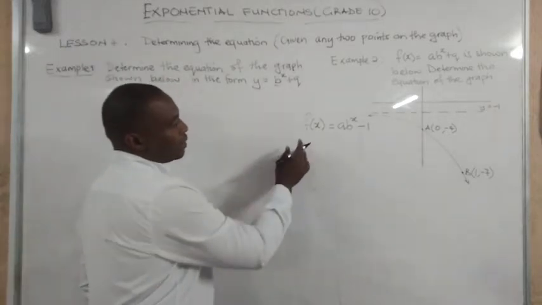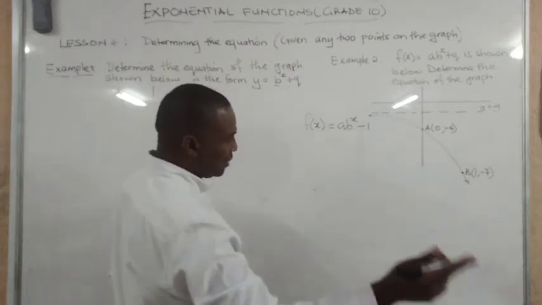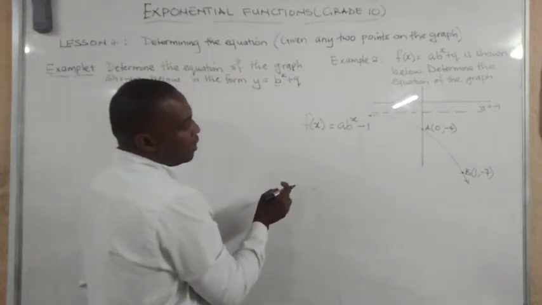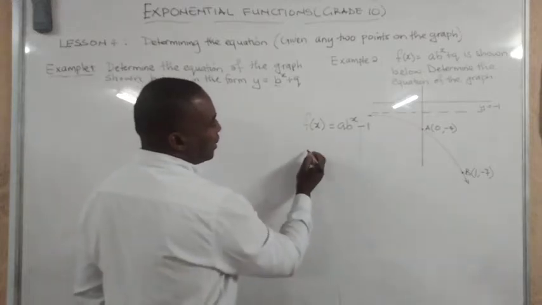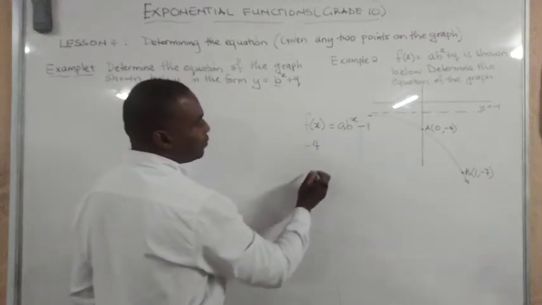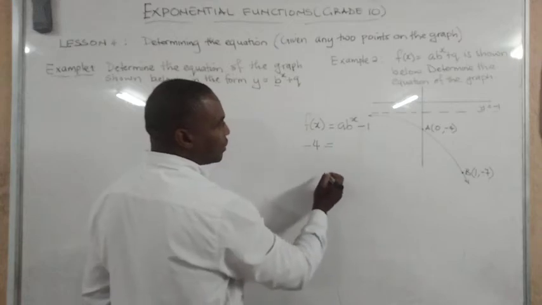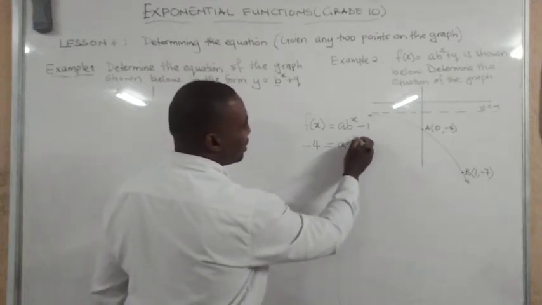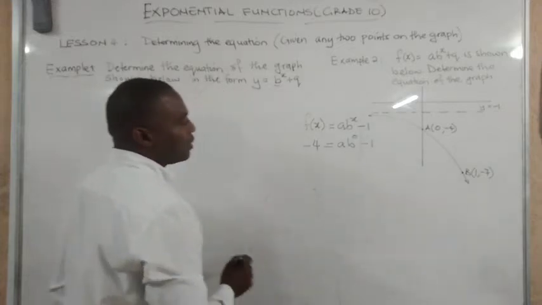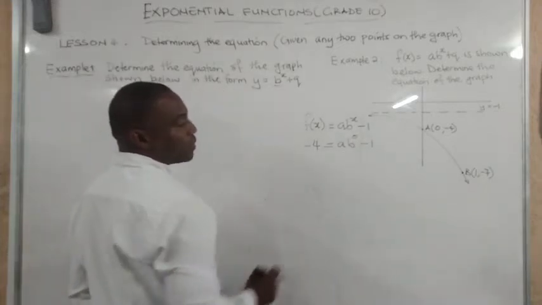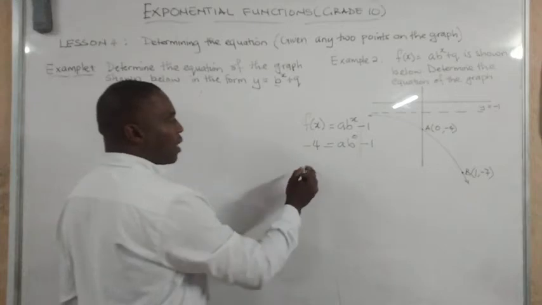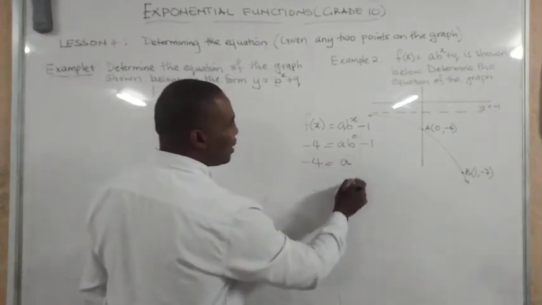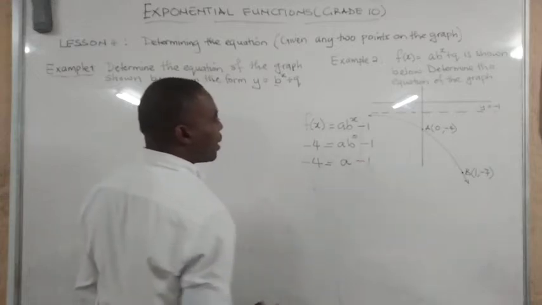So what we are saying now is that we substitute the coordinates of a, that is negative 4, is equal to a b to the power 0 minus 1. b to the power 0 is 1, so what we are saying is negative 4 is equal to a minus 1.